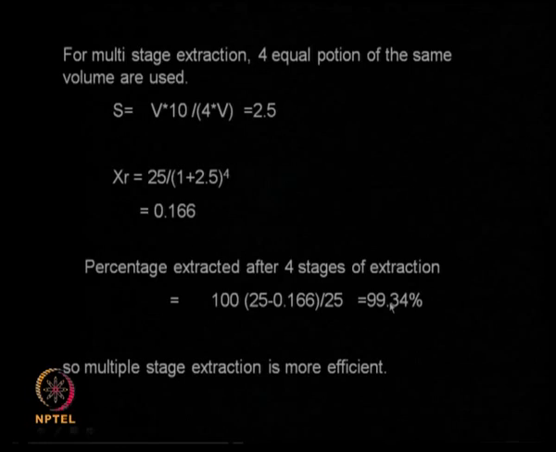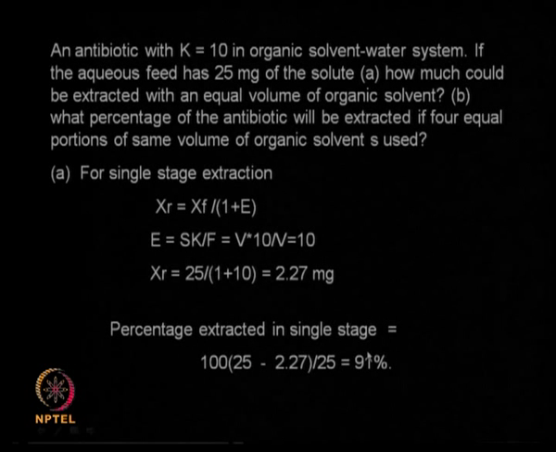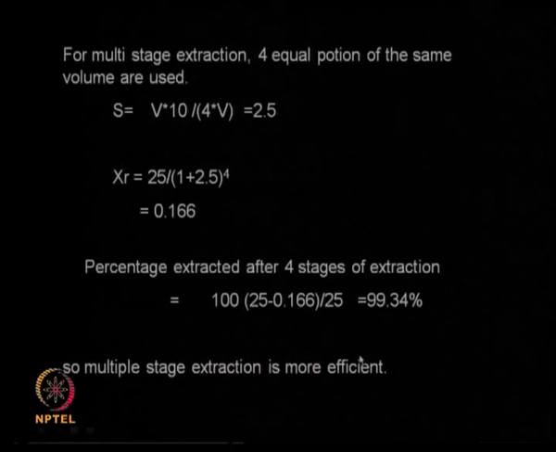You see in the previous case when you put all the solvent into one stage you are able to extract 91%, but when you divide it into 4 equal parts and do the extraction in 4 distinct stages you are able to recover 99.3% of the protein.